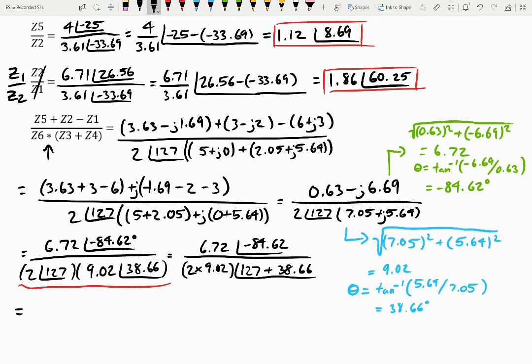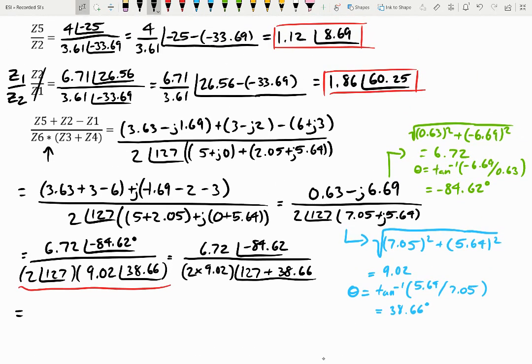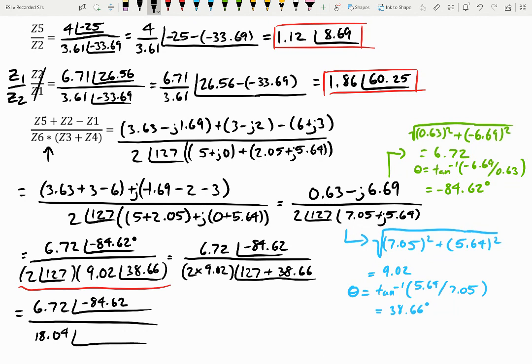And when we simplify it down, it's 6.72 at 84.62 degrees over 18.04 at 165.66 degrees.